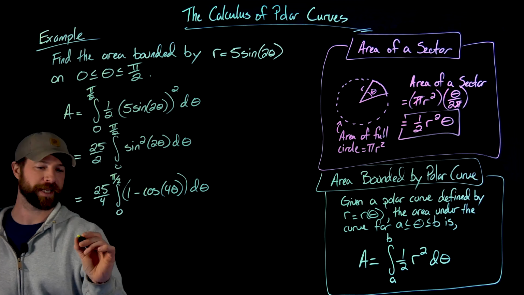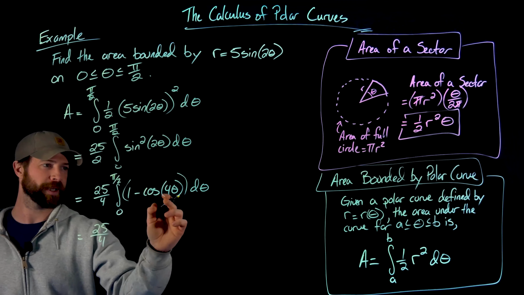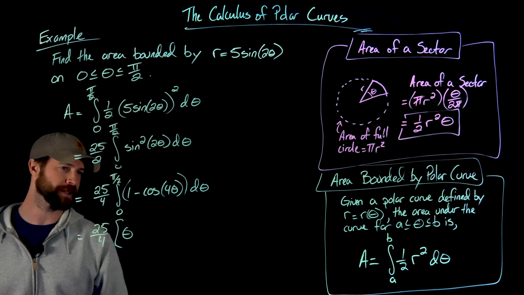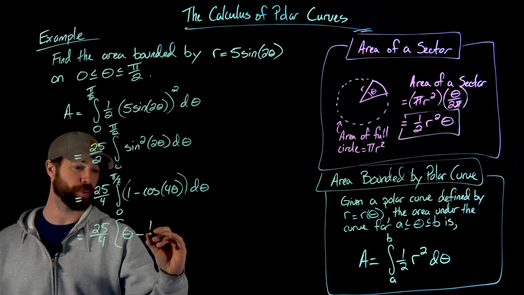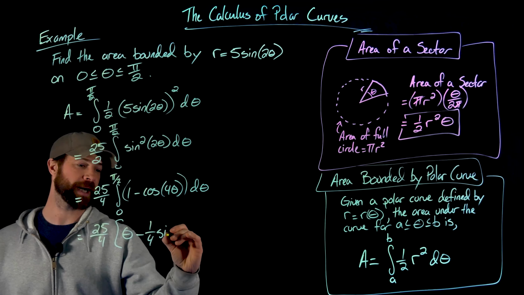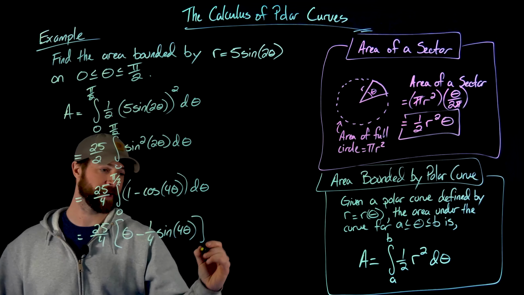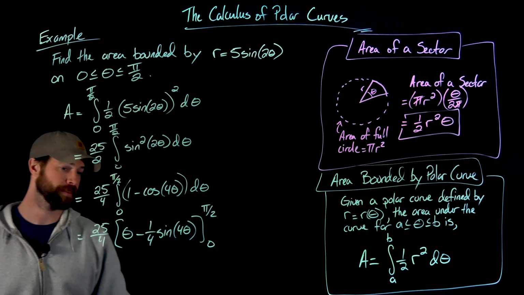And so what I'll get here is 25 fourths. Integrating these terms, the integral of 1 is just theta. Then this right here is 1/4 the sine of 4 theta. And we're evaluating 0 to pi over 2.